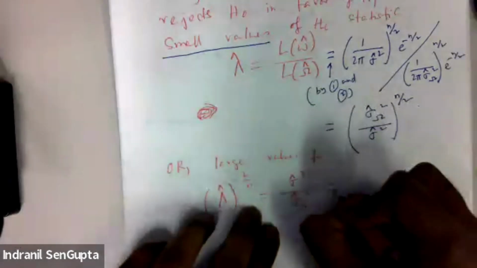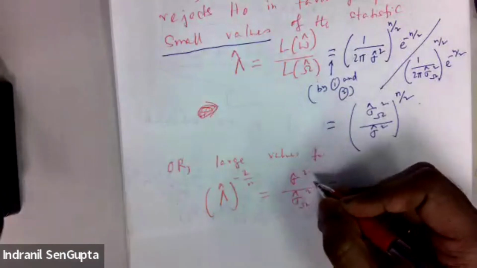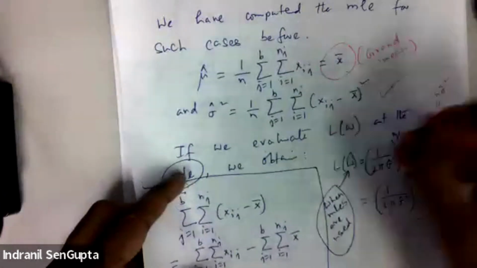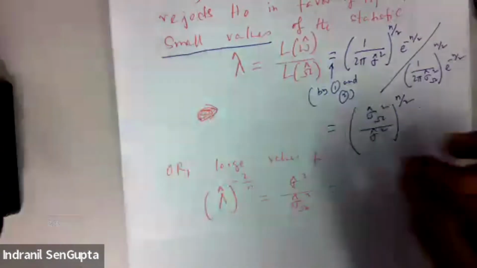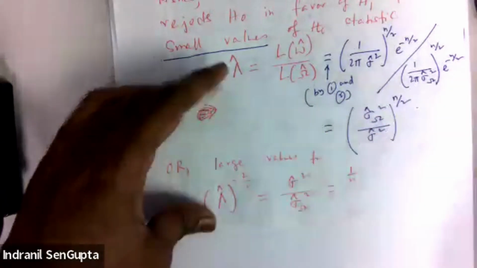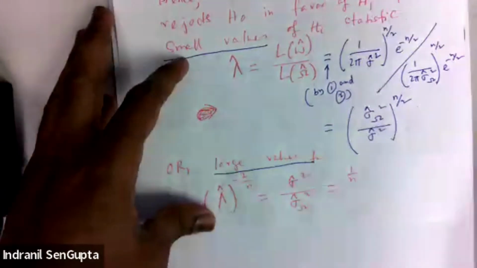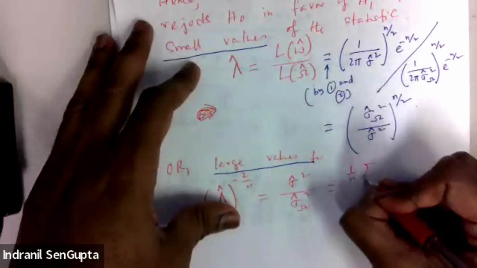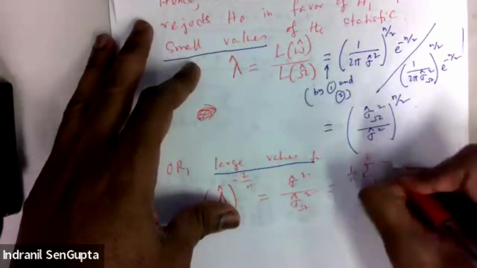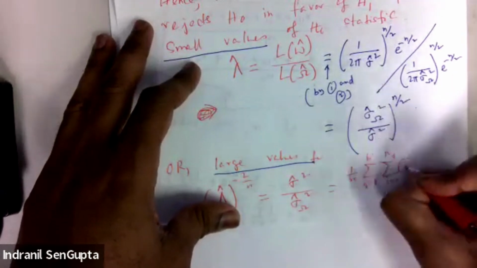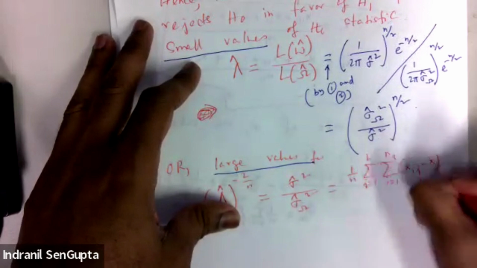Okay, so what is sigma hat squared? We obtained it before, it's right here. So this is going to be 1 over n, summation j from 1 to b, i from 1 to n sub j, xij minus x bar squared.